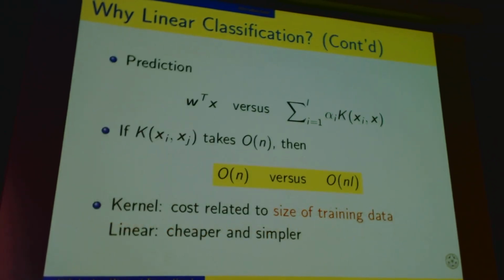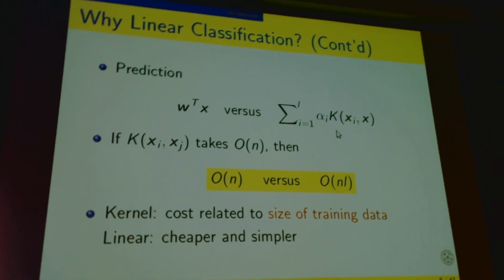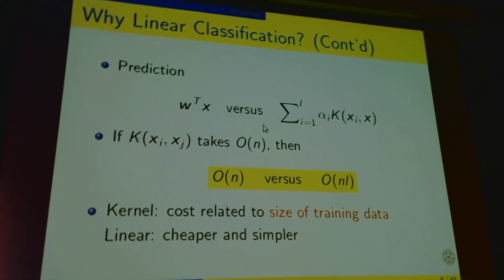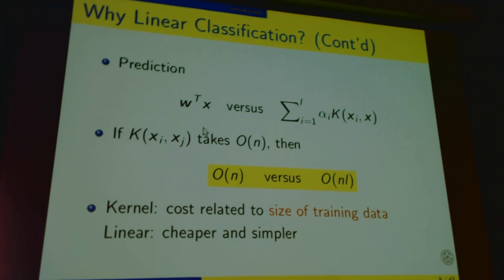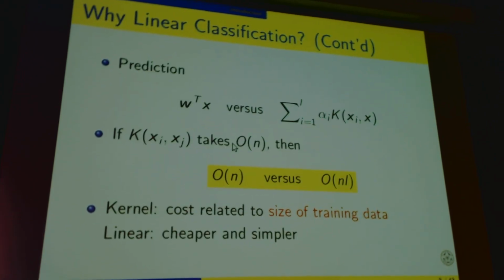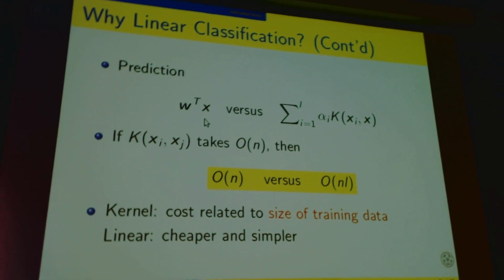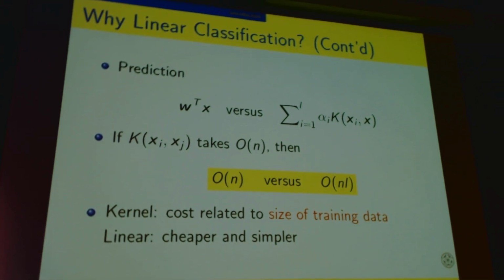So this is how kernel works. But there's a problem: the cost may still be too high. Now, if we compare the prediction cost between linear and kernel: the left-hand side is the simple linear product for linear classification. That's one single inner product, so if n is the number of features, the cost is order n.